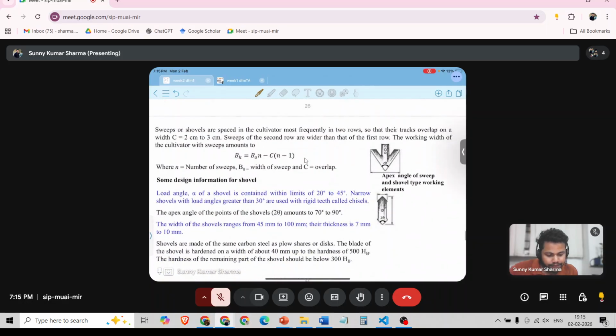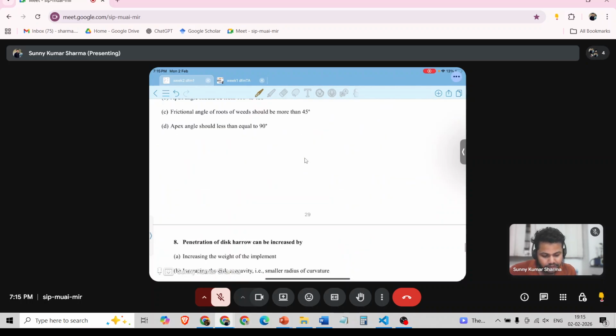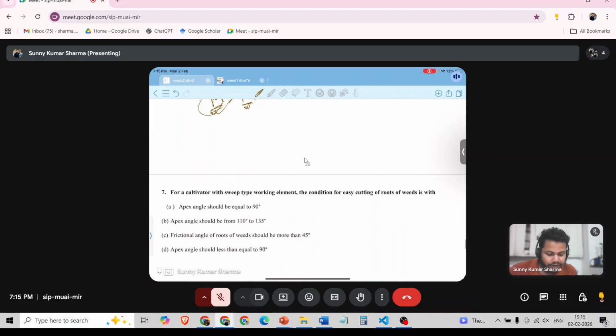And in case of sweep, this is called apex angle. 2 theta is the apex angle. Apex angle of the point of shovel should be between 70 to 90 degree. So if we come to the question, for a cultivator with sweep type working element, the condition for easy cutting of roots of weeds: apex angle should be equal to 90 degree, apex angle should be from 110 to 135 degree, friction angle should be more than 45, apex angle should be less than equal to 90 degree.